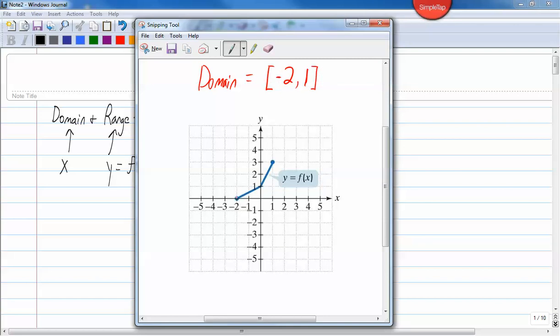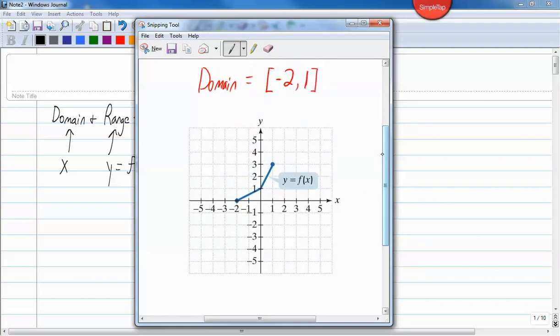If it's shaded in, or if it's just a solid line, you include it. So you put a bracket. If it's an open circle there, then you put a parentheses. But if it's just a solid line or a shaded line, you put a bracket.